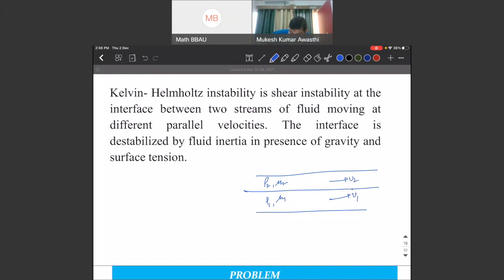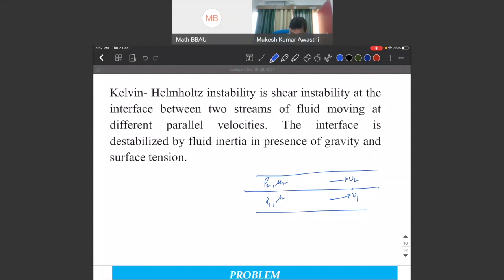When there is a difference in the velocity at the interface, then pressure perturbations make the interface unstable. In the Kelvin-Helmholtz instability, we can take arrangement whether it is statically unstable or statically stable, but the interface must have a relative velocity, and the system will be destabilized.